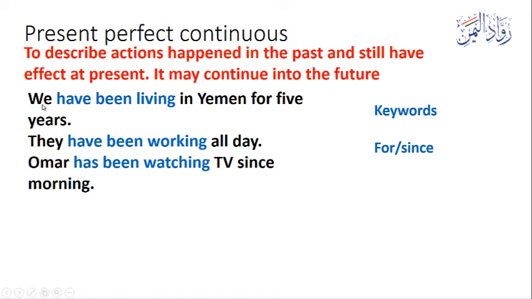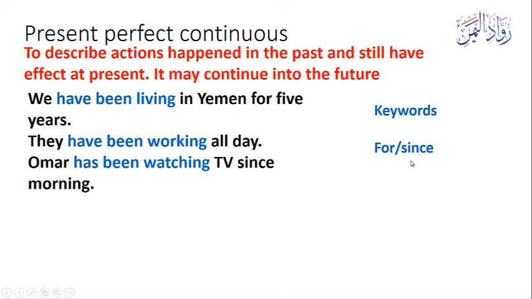Look at this example. We've been living in Yemen for 5 years. That means I started living in Yemen in the past. Now I'm living in Yemen. I may continue living in Yemen. They have been working all day. Omar has been watching TV since morning.